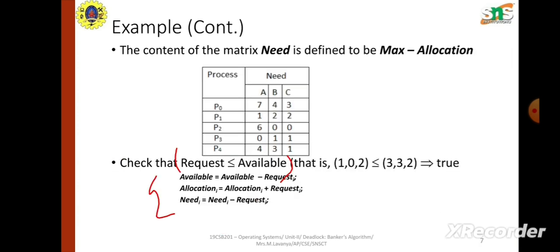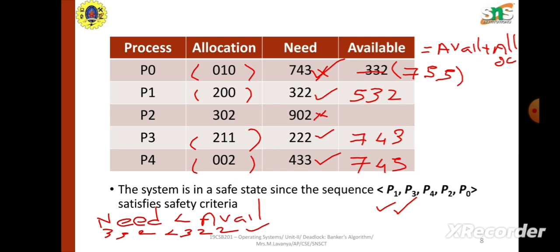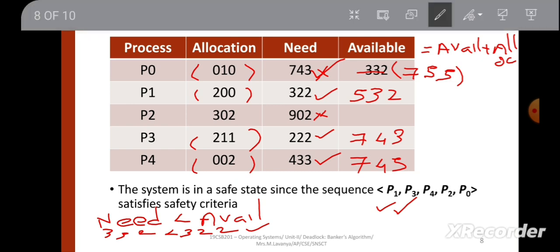Yeah, it is 600. Sorry for this error. While we are checking whether 600 is less than available 755, yeah, it is obviously less than 755. So the resources will be allocated.